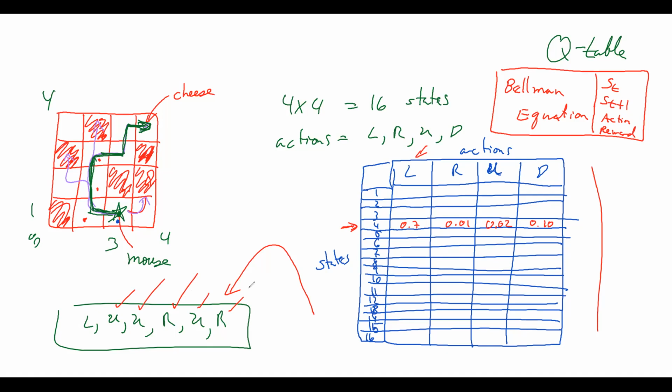Does this concept make sense? Because this is important, guys, because we're going to create this Q table in the code. And I want you to understand where this is coming from. The code is actually not that complicated. There's basically this idea of the table, and then there's this idea of the Bellman equation. And that's really just one line of code where we compute everything. There's a few parameters, but that's really all it is.